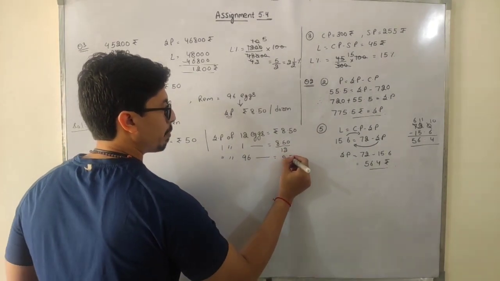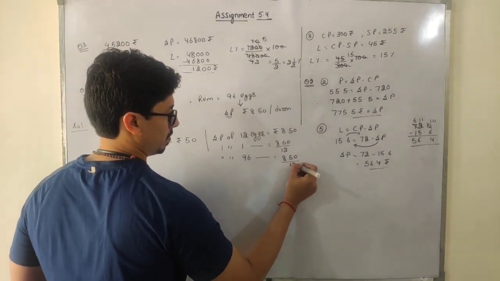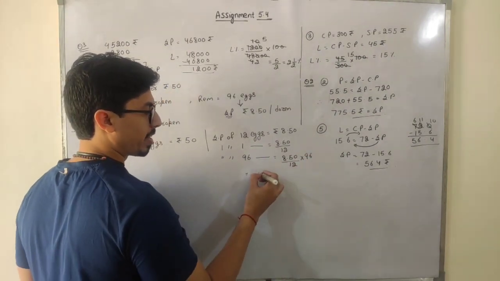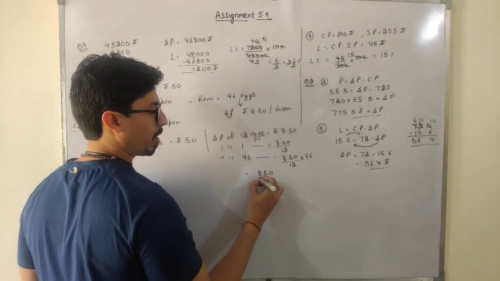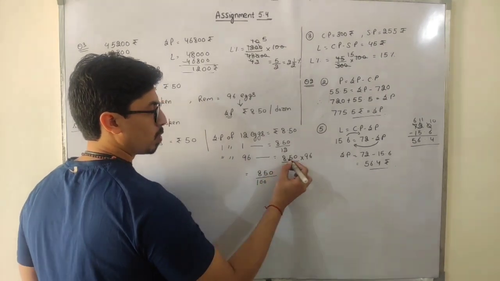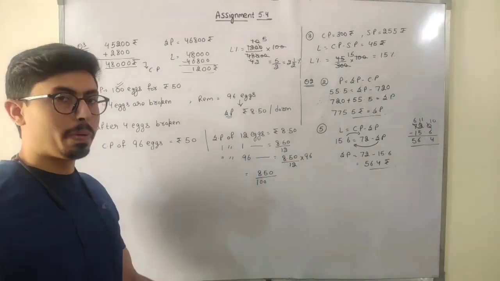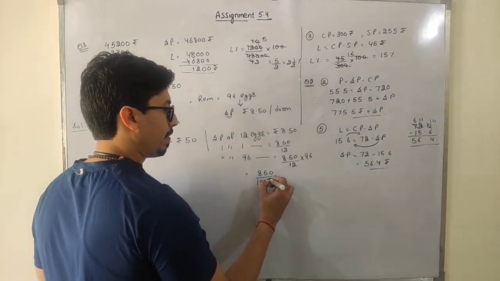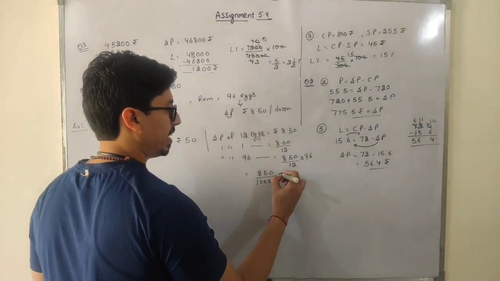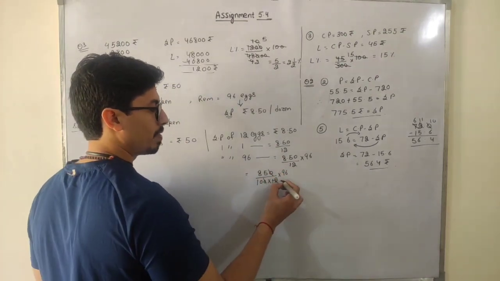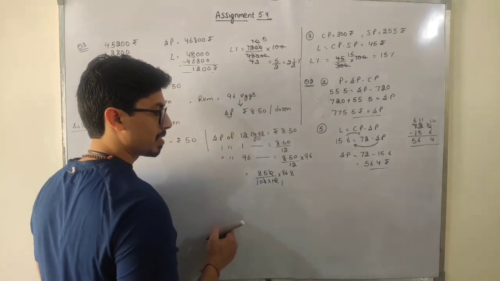He had 96 eggs. So I will find out the selling price of 96 eggs. So it will be 8.50 by 12 into 96. If I just solve this, I can write it like this, 850 upon 100. Because if I just remove the decimal, after decimal there are 2 digits, so I have to place 2 zeros. This 12 here and 96 here, so I just cancel them out. 12 ones are 12, 12 8s is 96.